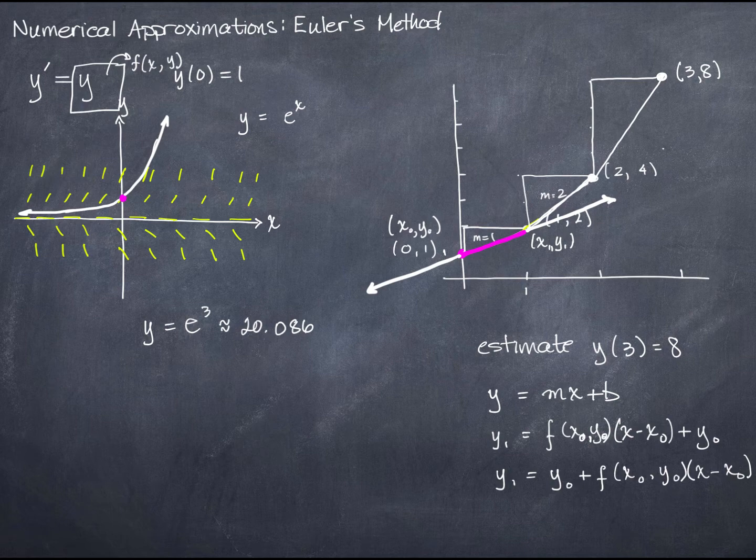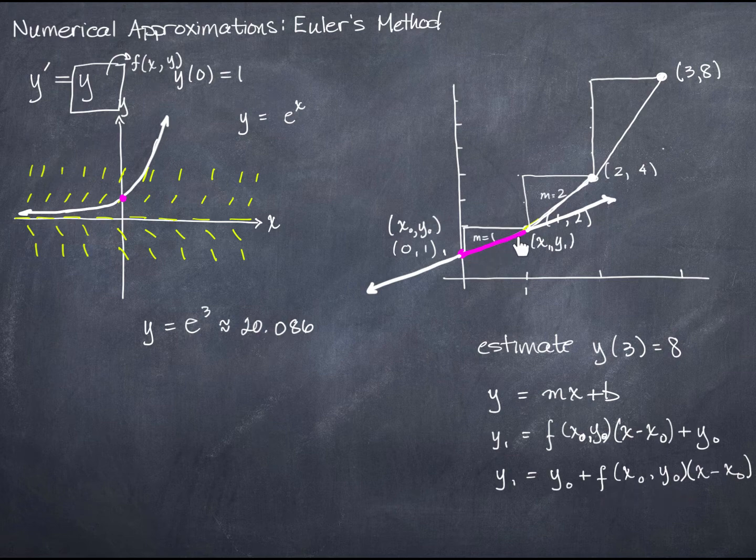So for the first y value after the given one, this is my 0th y value because I was given it. For the first one after that, take the old one and add to it, that's my b, that's my y-intercept, add to it mx, where m is the slope of the line.